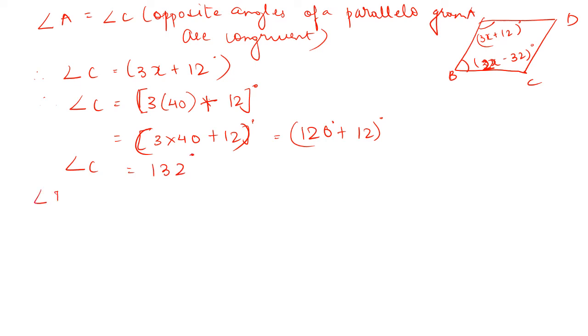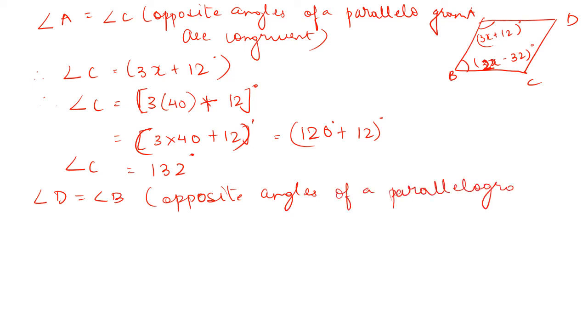Similarly, angle D is equal to angle B, same thing, opposite angles of a parallelogram are congruent. So angle D is equal to 2x minus 32 degrees.